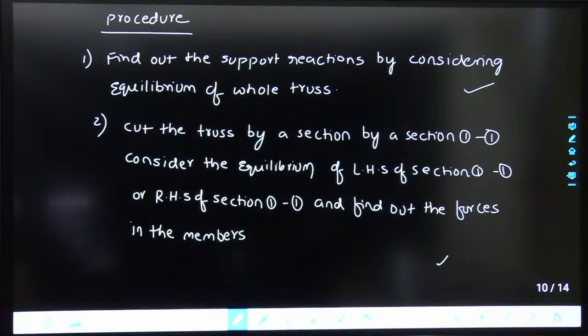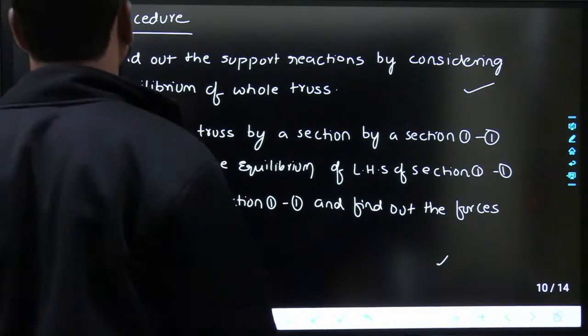Don't neglect it. Any doubts? No one is present. Great.